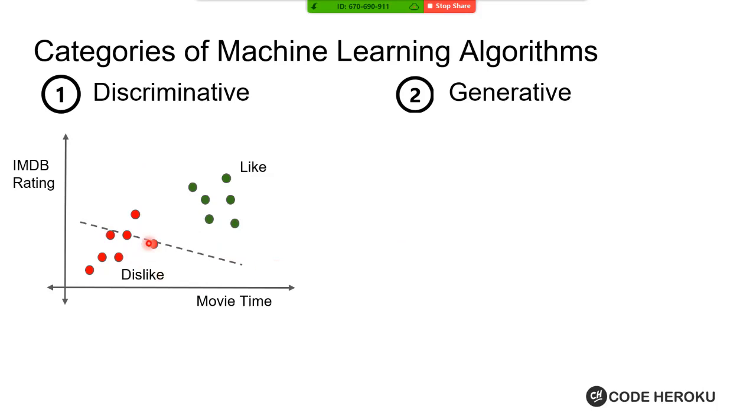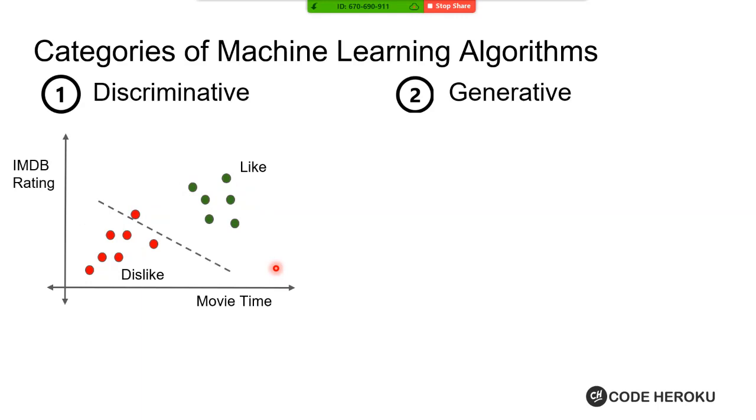Over here, it will see that this line is not so good, because there is still some point on the other side of the line. There is some misclassification happening: most of the points are below the line, but there is some red point which is still getting mixed with these green points. So it will adjust its line. The algorithm will say, okay, let me adjust m and b such that we don't have a lot of misclassifications.